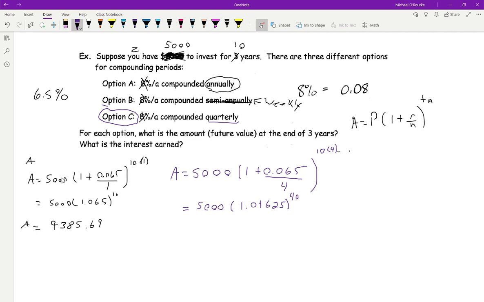I got this number. Good. So I'm going to do the last one now too.